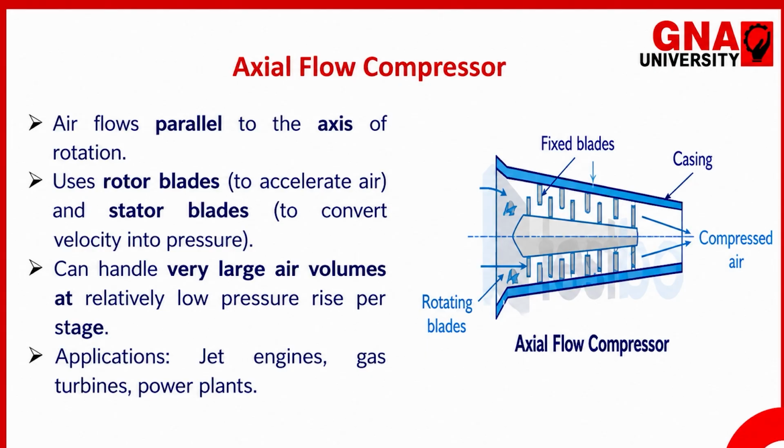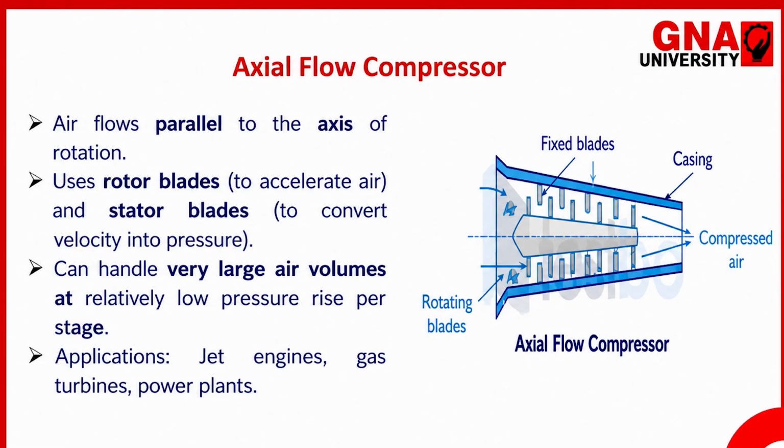Okay, so the axial flow compressor uses the rotor blades to accelerate the air. Firstly the air gets accelerated due to the rotation of the rotor blades, and the stator blades convert velocity into pressure. Then that high velocity is converted into high pressure with the help of the diffuser casing you see here.